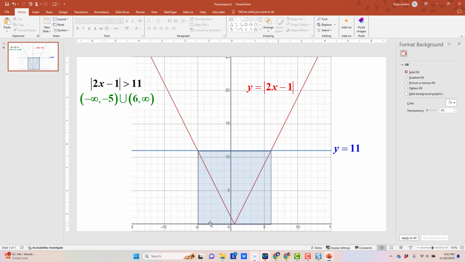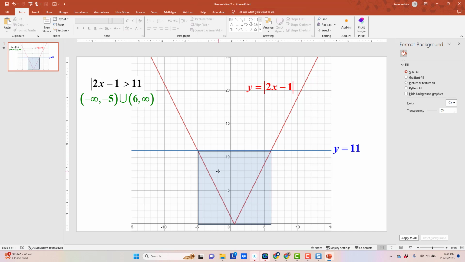But between -5 and +6, our absolute value function is less than y equals 11. It has one continuous range where it's less than. Okay, so if I wanted to talk about where this thing was less than, I would say from -5, comma, to 6.